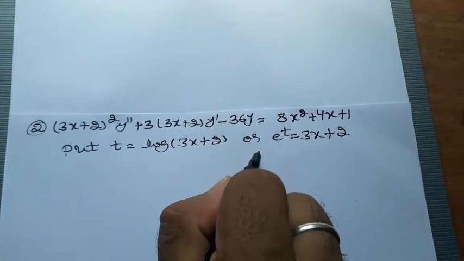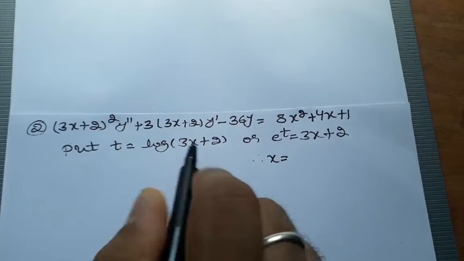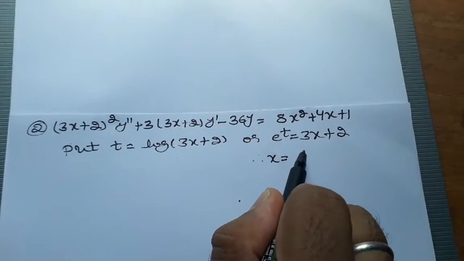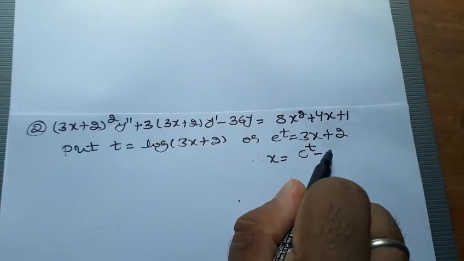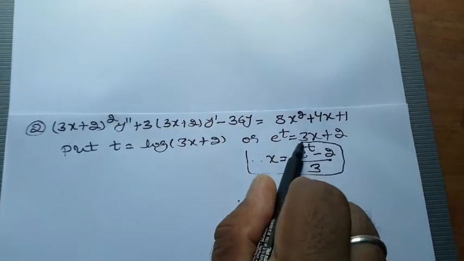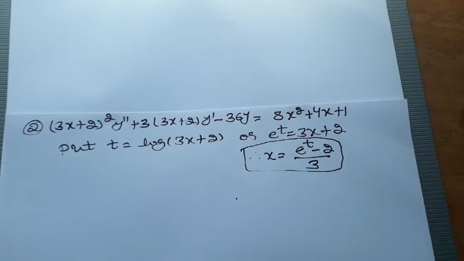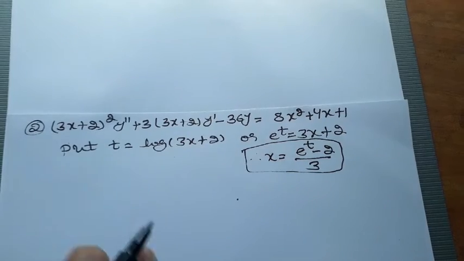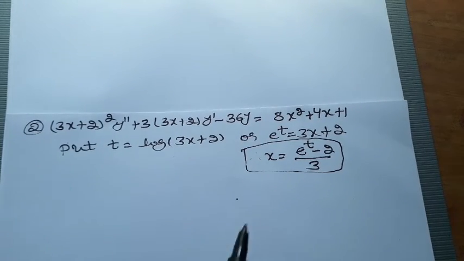So I'll write x equal to, what do you get for the x value from this? 2 taken on this side: x equal to (e^t - 2)/3.